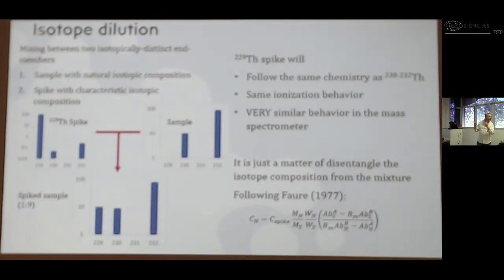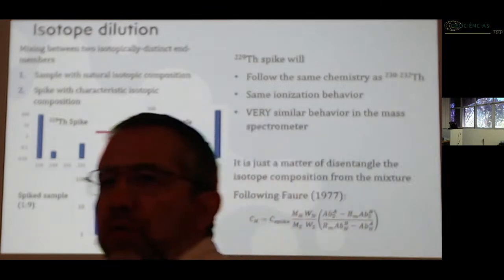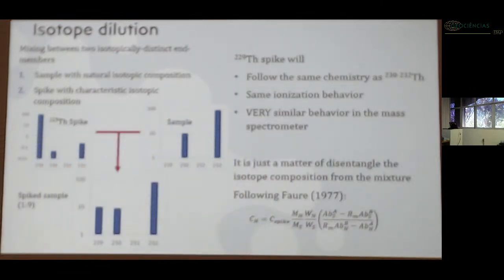Because we have this spike at a very well-known concentration, we can actually know how much of this mixture belongs to the spike and how much belongs to the sample. The advantage of thorium-229 is that it will follow exactly the same chemistry as thorium-230.